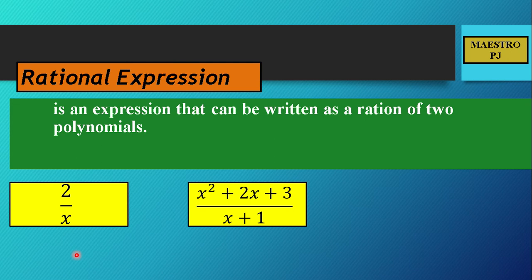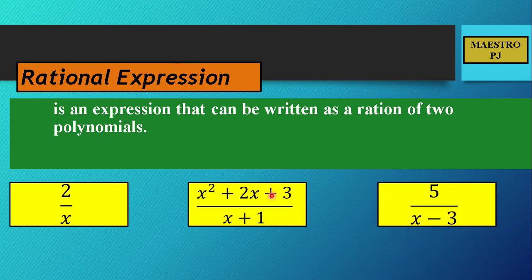Another, x squared plus 2x plus 3 divided by x plus 1 is also an example of rational expression since both the numerator and denominator are polynomials. And another one, 5 over x minus 3 is also an example of rational expression since it can be written as a ratio of two polynomials.